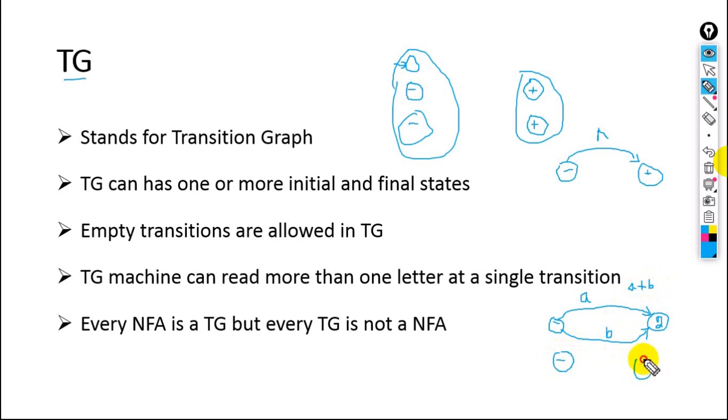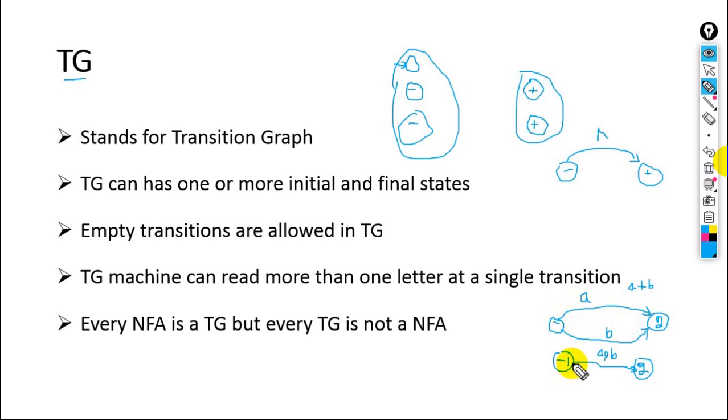For example, this is state number 2 and this is state number 1, which is the initial state. We will have only one transition, and this transition can have A or B. This transition can have more than one letter, but in the case of NFA, non-deterministic finite automata, there must be only one letter over a single transition.